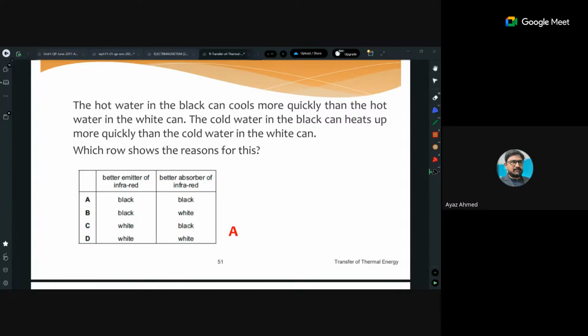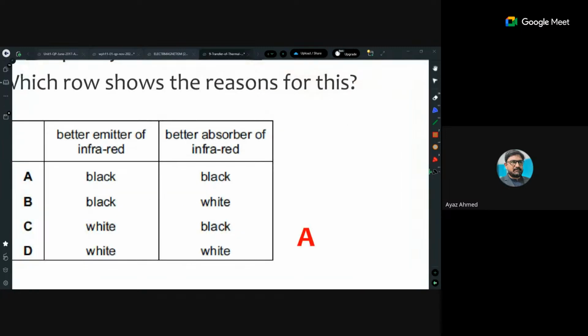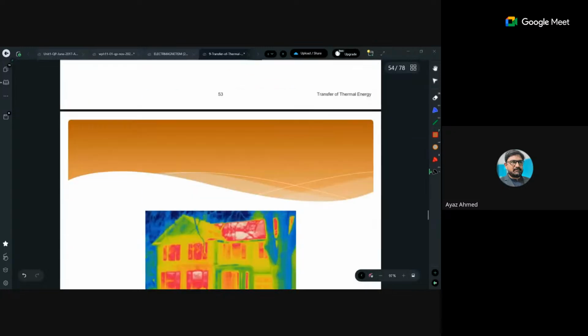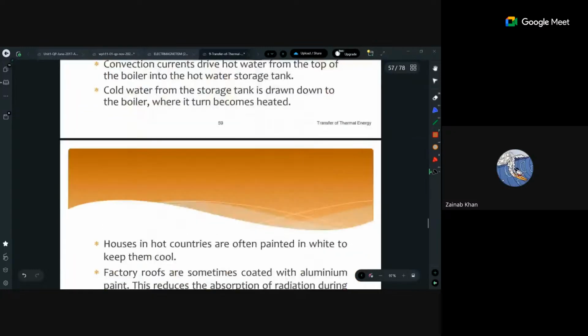The cold water in the black can heats up more quickly than that of the white can. Which row shows that black is the better emitter of infrared radiation, as well as the better absorber of radiation? So that is black. Okay, is it clear? Yes, sir.